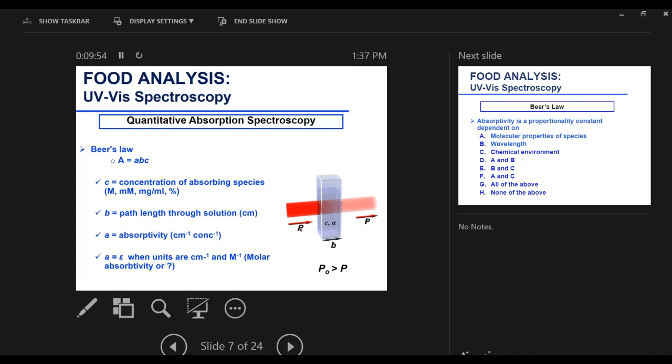They all mean the same thing. If you read molar absorptivity, that means the unit is in molarity. If you don't hear the term molar absorptivity, or just absorptivity, then the unit is not necessarily molar. And again, this is unique for every compound or atom that you are trying to measure.